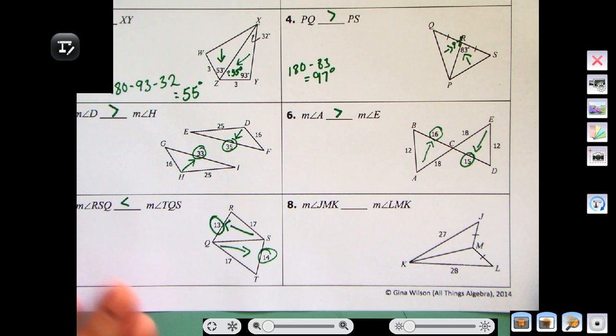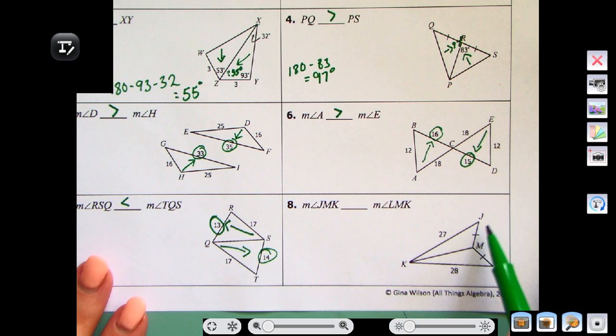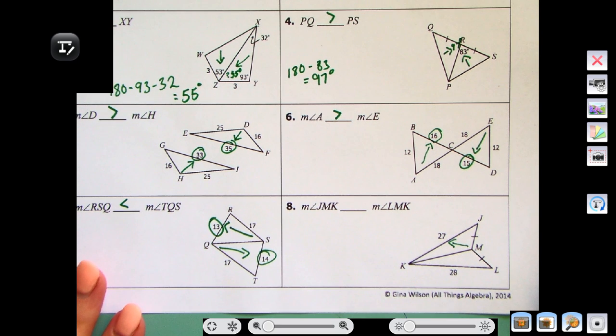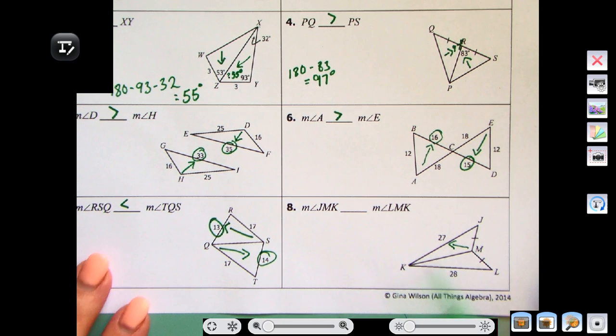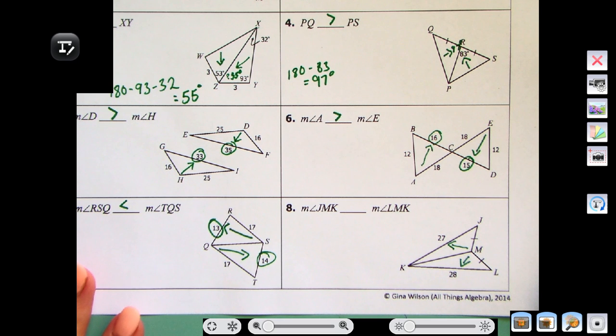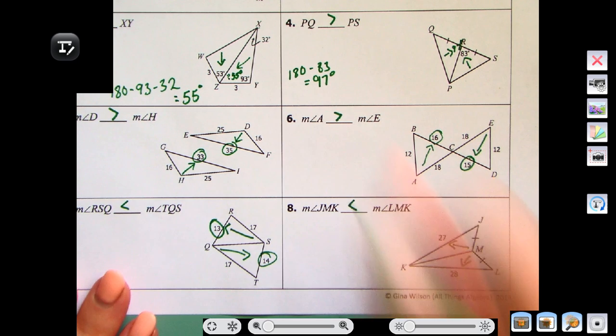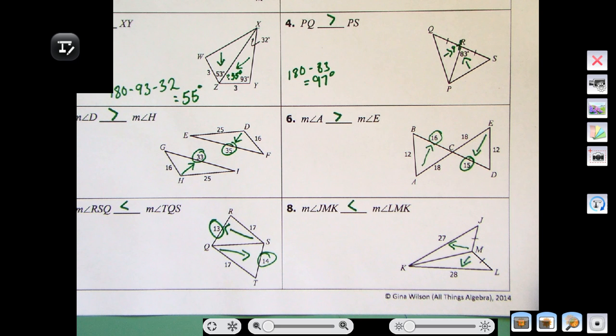And last one, JMK. So we're looking at this angle right here, which is across from 27. And then LMK, which is across from 28. So which one would be bigger? The one across from 28. And that is it. That is the hinge theorem.